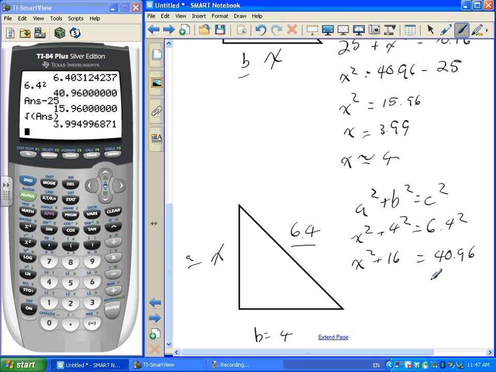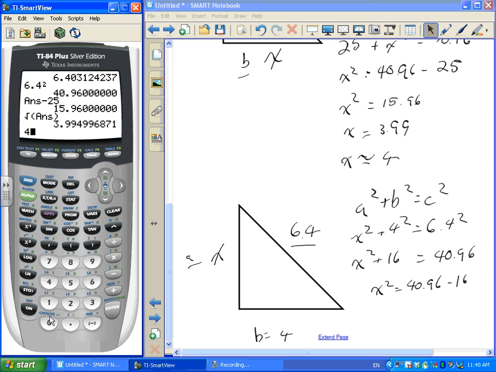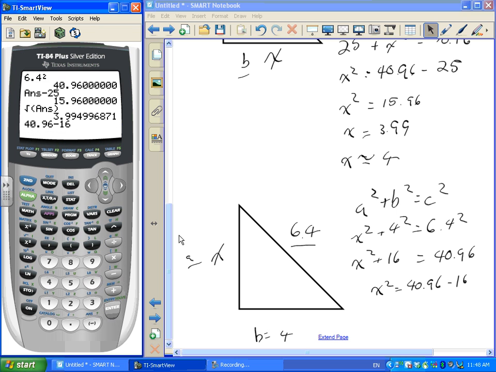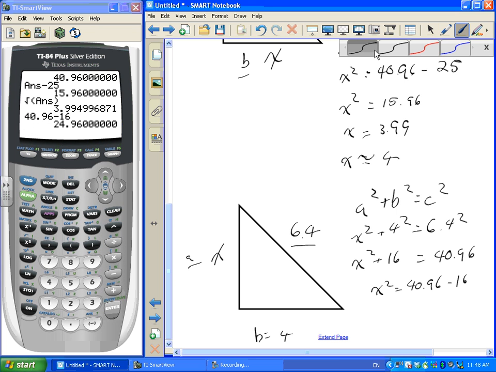When we bring 16 to the other side, we have x squared is equal to 40.96 subtract 16. We get 24.96.